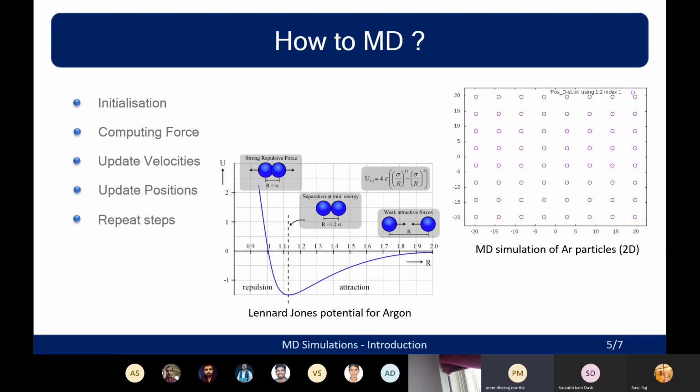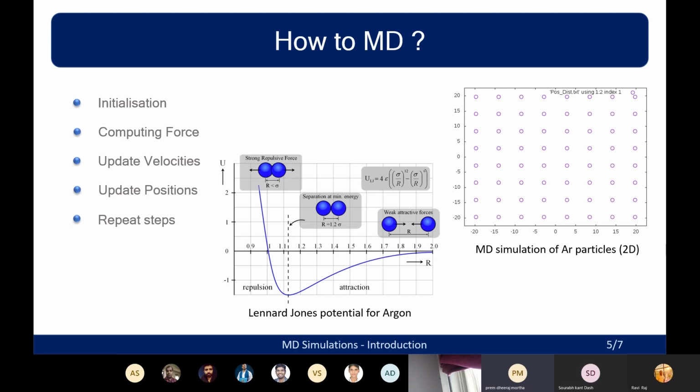I'm ignoring them. But say, for example, I have a system which involves electrons and ions, then I should also use some force parameter to account for Coulombic forces because of the charges. All those things will modify the potential that I'm using, so the potential will look different from this.